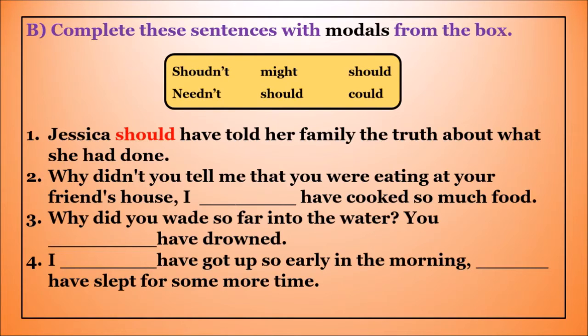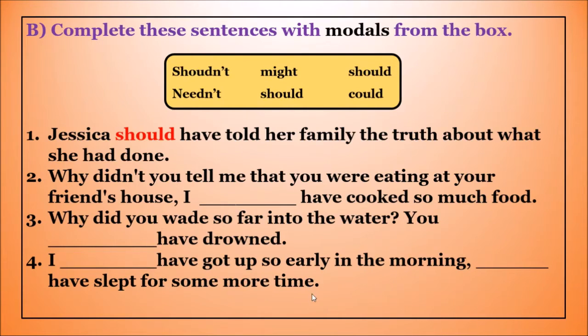So there he wants to express the need of sleep. The answer is: I need not have got up so early in the morning. I could have slept for some time.